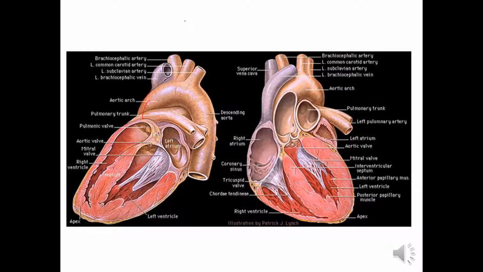So this right here is a frontal section of the heart, where it's open, right? Again, if we were in lab, we'd be looking at the sheep heart or the pig heart. So I like to describe the heart in two different ways. Sometimes you look at just the upper part of the heart, and sometimes you look at the lower part of the heart.